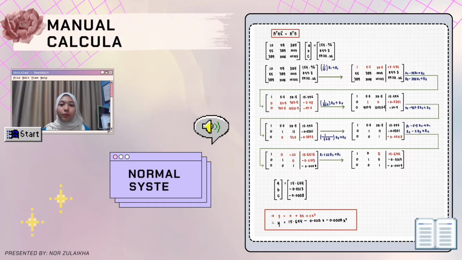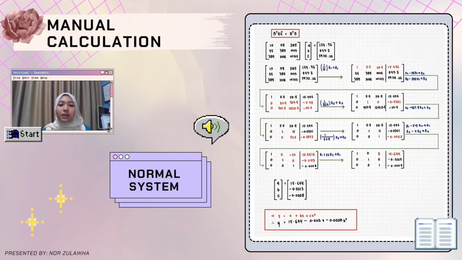Now we go to the formula for the normal system, that is A transpose A x equals A transpose B. We already calculated A transpose A earlier, and we already calculated A transpose B also. So in this slide, we will just substitute what we got earlier in the formula, and we will reduce the system by using reduced row echelon form.